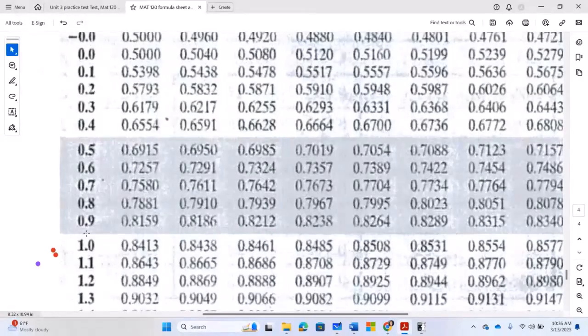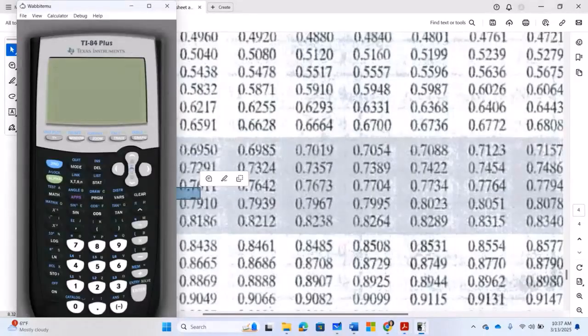Note that this is 0.70, 0.71. So our answer is 0.7611. Either way, when you do it with the calculator, you get the same answer. When you do it by hand, you get the same answer. So you get the same answer anywhere, if you read the chart correctly.